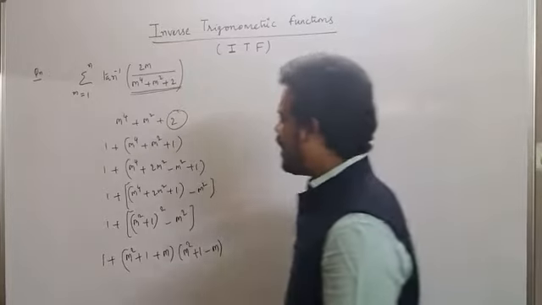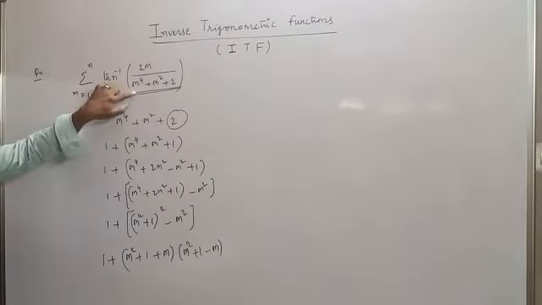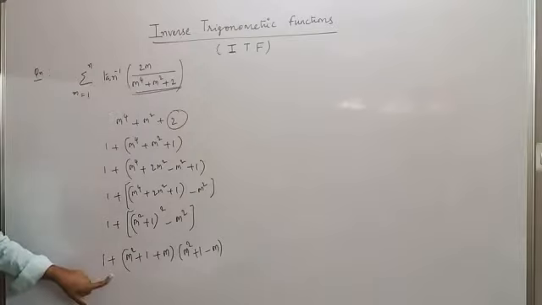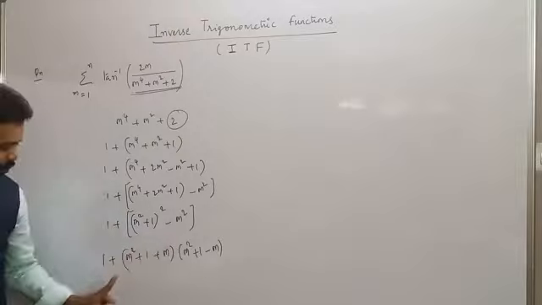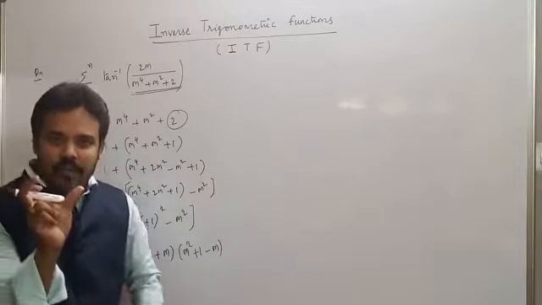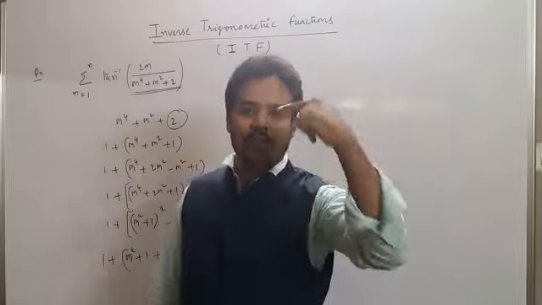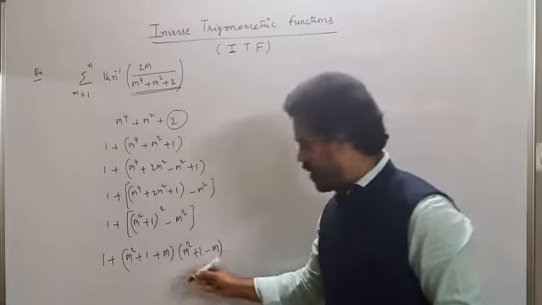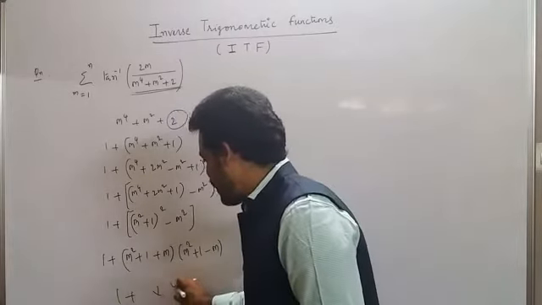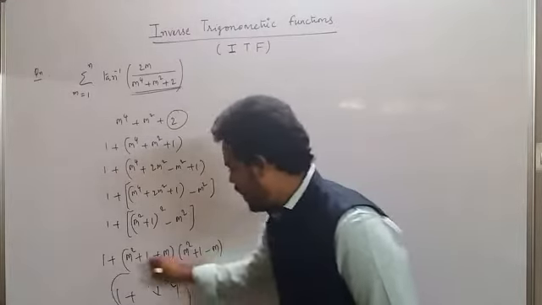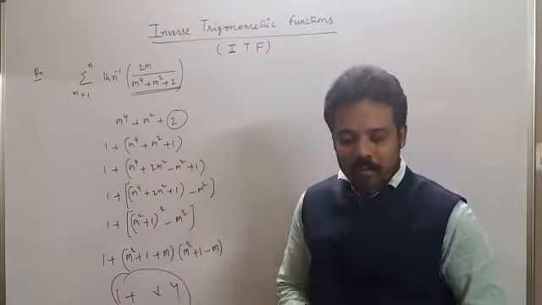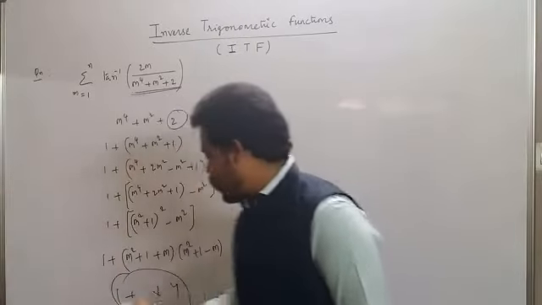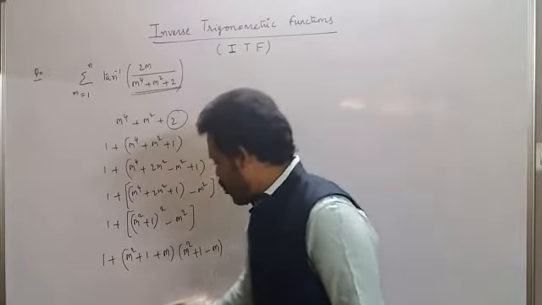Finally, the total denominator I have expressed in terms of 1 plus AB. I told you, if the denominator is 1 plus AB, express the numerator in terms of A minus B. If the denominator is in the form 1 plus XY, the numerator should be X minus Y. If it is 1 minus XY, then the numerator should be X plus Y. Now, come to the question.